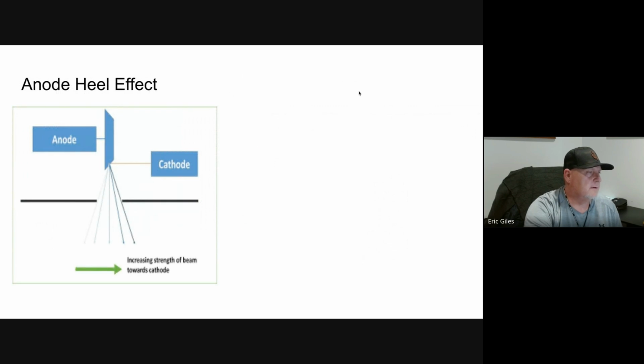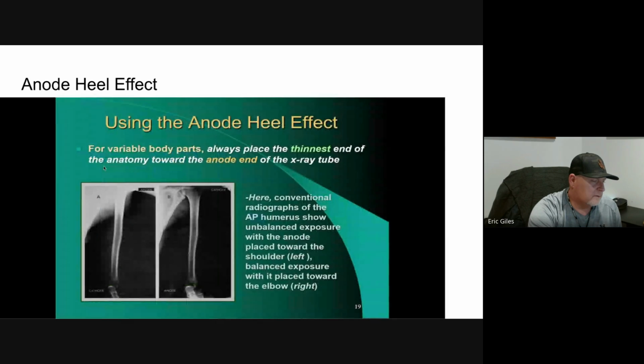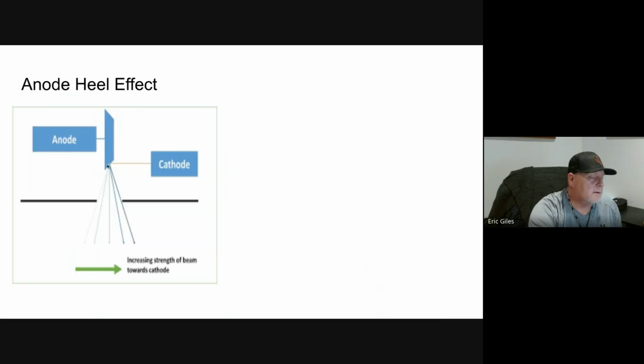Okay, anode heel effect. We talked about this a little bit, how the anode side is weaker than the cathode side. So we have the negatively charged electrons coming over from the cathode and impacting the anode at the focal spot. What happens is the photons on the anode side are actually absorbed somewhat by the anode.